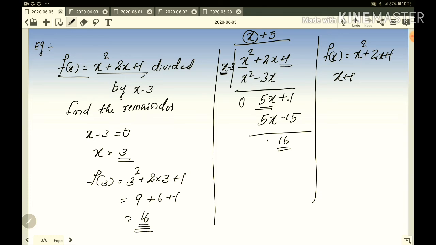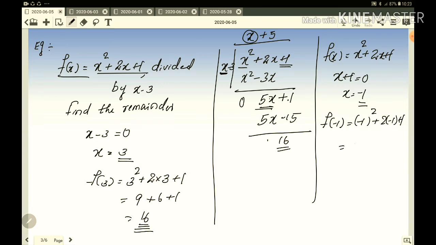So first you have to take the linear factor and equate it to 0, then the x value is minus 1, right? We got minus 1. Then substitute this minus 1 in the function, that is f of minus 1. It's going to be minus 1 square plus 2 times minus 1 plus 1.